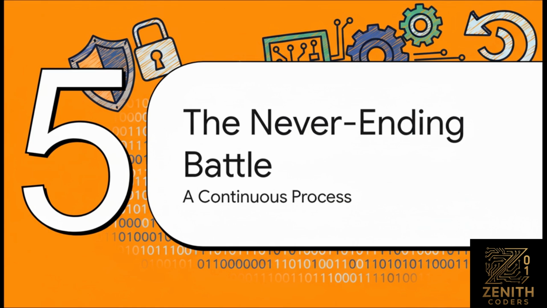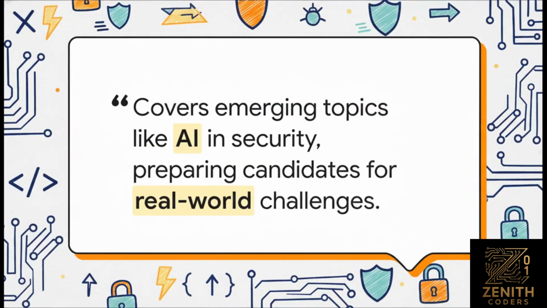But this isn't a game you just win once and then you're done. The attacker's playbook is always changing, which means the defender's playbook has to evolve right along with it. And that's exactly why learning can never stop in this field. As this quote from the Google report points out, the future is already knocking, and it involves amazing new tools like artificial intelligence.